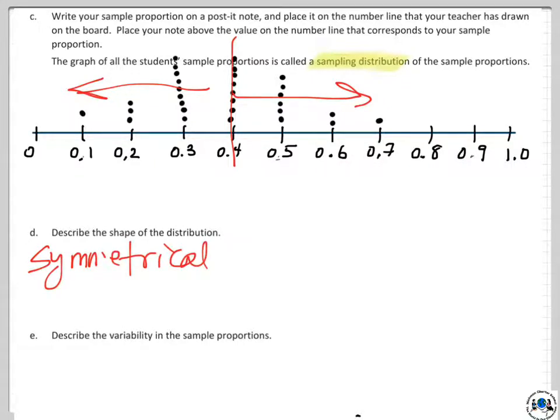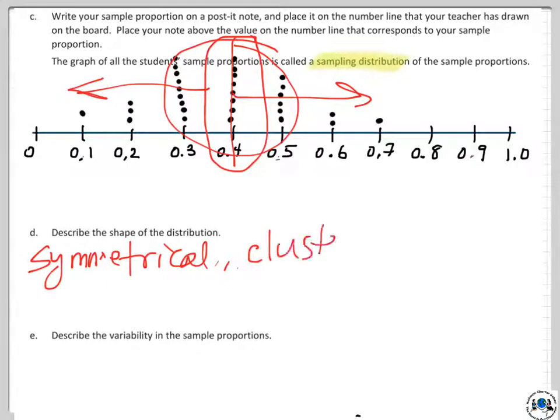A lot of the distribution is clustered right around this area, and if we took an average, the mean would be right about in there. So it's clustered around maybe 0.4 or so.